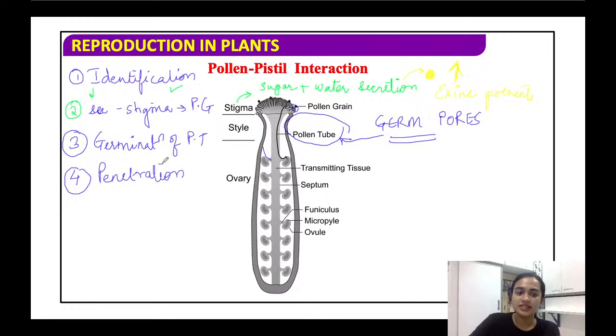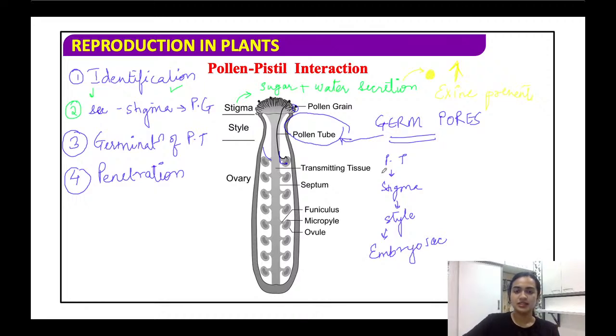The pollen tube has developed, and now it has to penetrate the stigma, going through the style to the embryo sac. This is the short process of penetration.